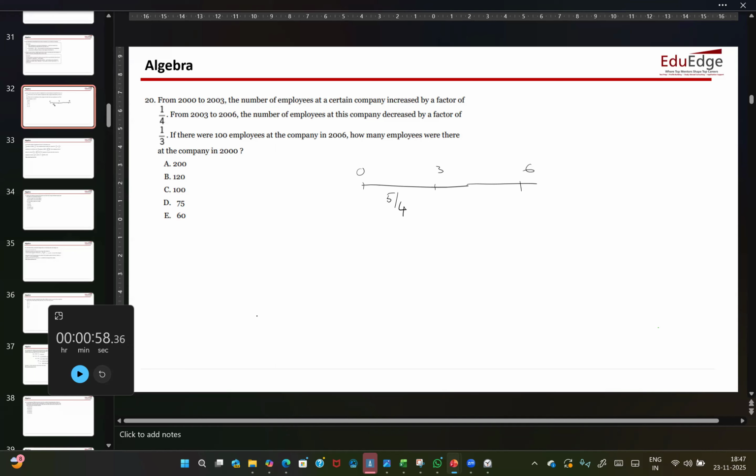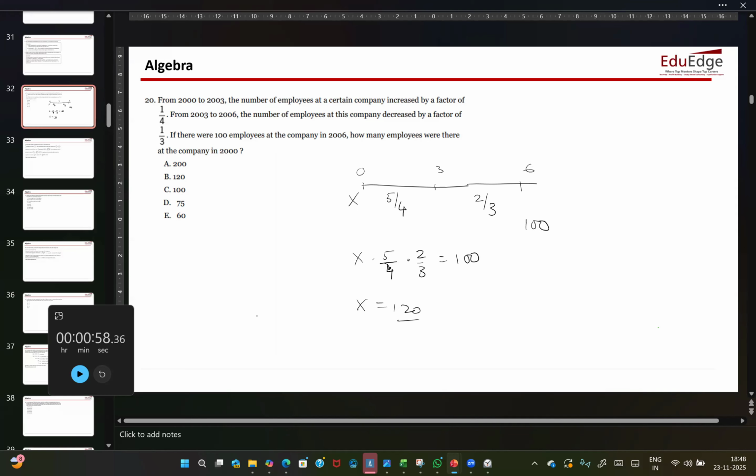So can I multiply by 5 by 4? So x becomes 5 by 4x at 2003. And then it decreased by 1/3, so it becomes 2/3. And if there are 100 employees, so how many employees were there? So can I say x into 5 by 4 into 2 by 3 is equal to 100? Is this what you did? Okay. So x becomes 120.